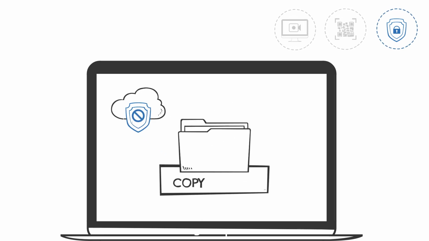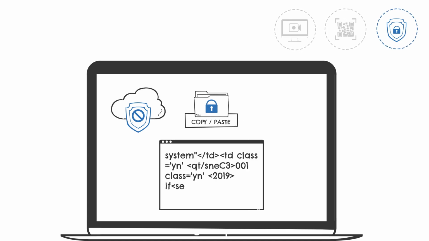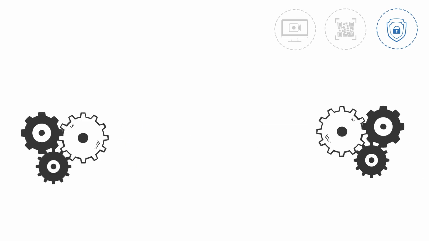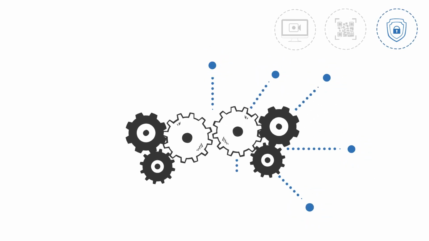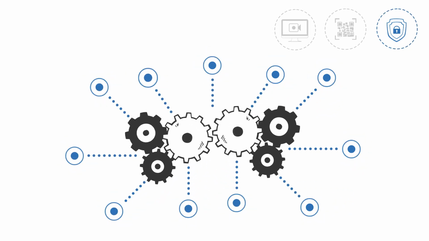Blocking access to the clipboard to prevent copy-paste errors or intentional exfiltration of sensitive data. Protecting and isolating the user's third-party web sessions. Note that there are additional capabilities provided in this layer that require integration with the CyberArk Endpoint Privilege Manager solution.